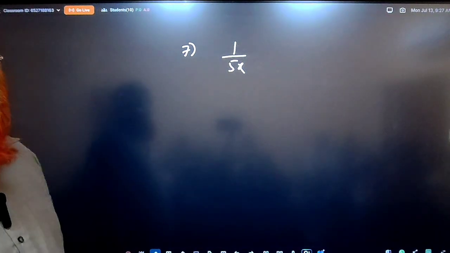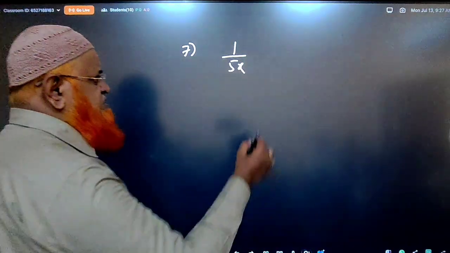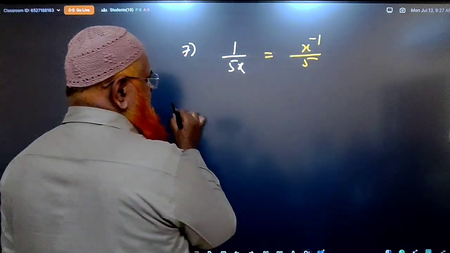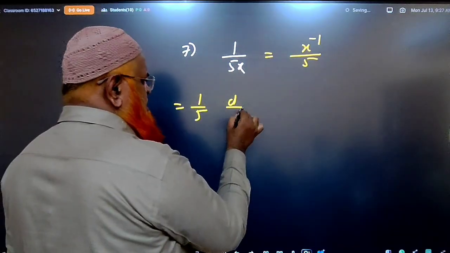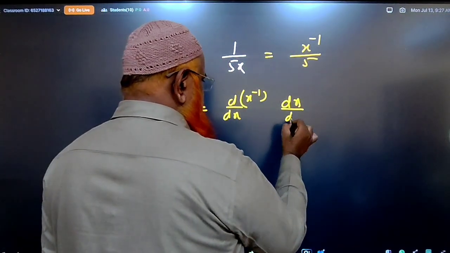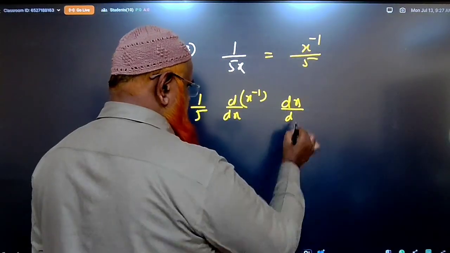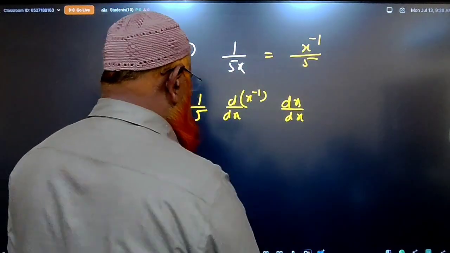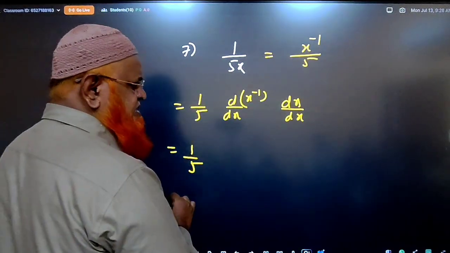Now 5x, understood? So 5x can be written as x power minus 1 divided by 5 here. So 1 by 5 d by dx of x power minus 1, with the power I am doing, and separately with respect to x, the inner layer, I am also doing separately. So writing 1 by 5 as it is.